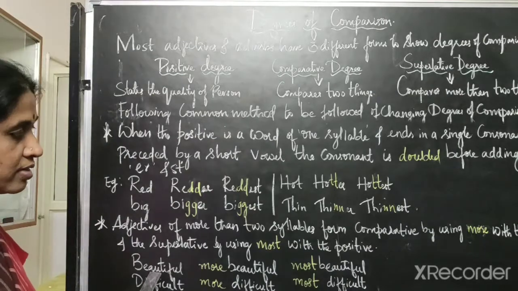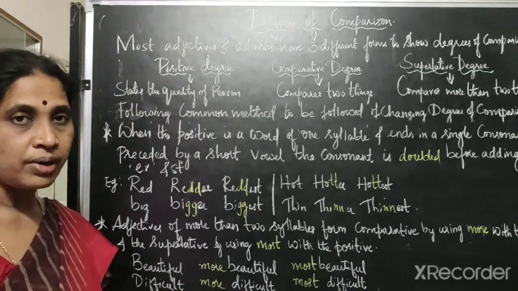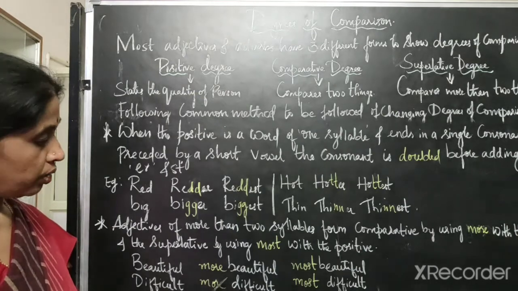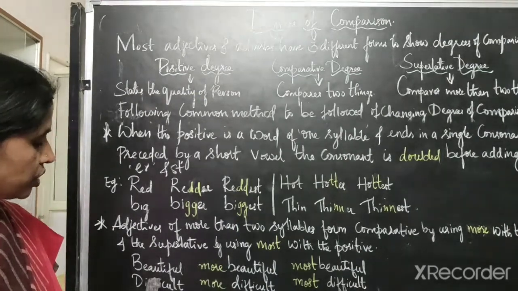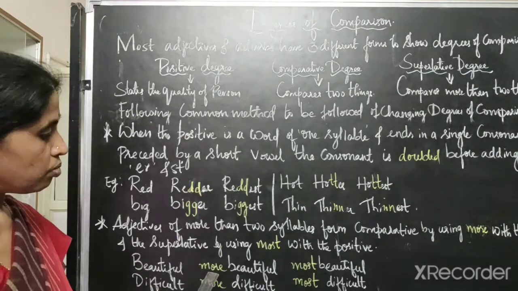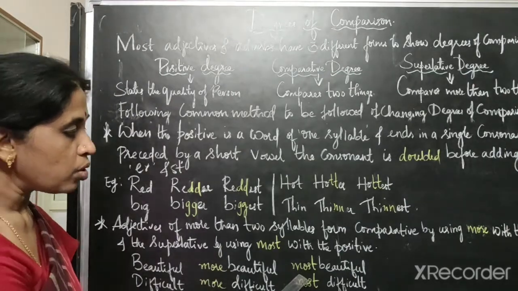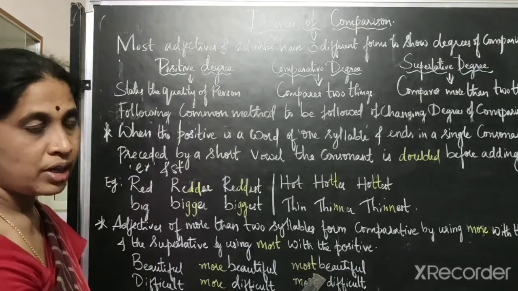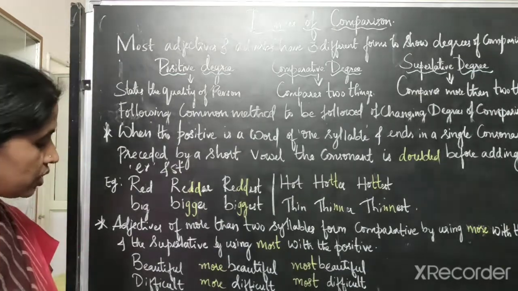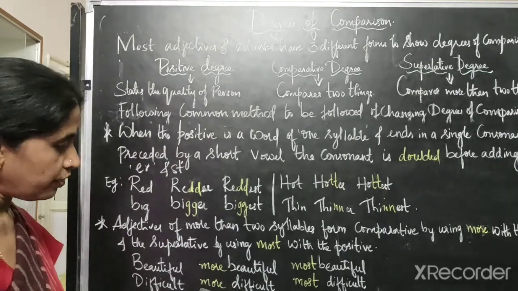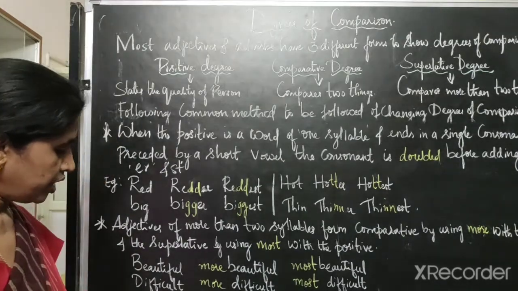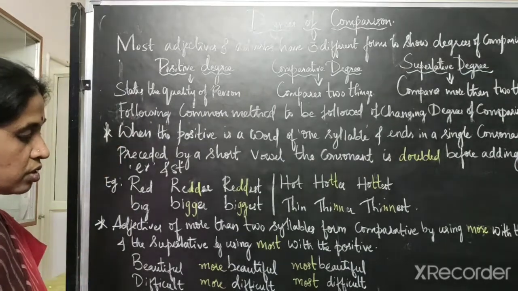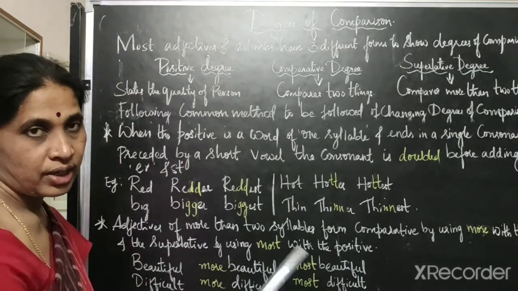If a word has more than 2 syllables, to form a comparative you add more to the positive: beautiful, more beautiful, and to make a superlative, most beautiful. Examples: difficult, more difficult, most difficult. Interesting, more interesting, most interesting. Courageous, more courageous, most courageous.